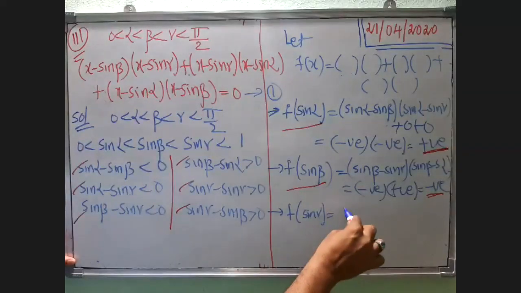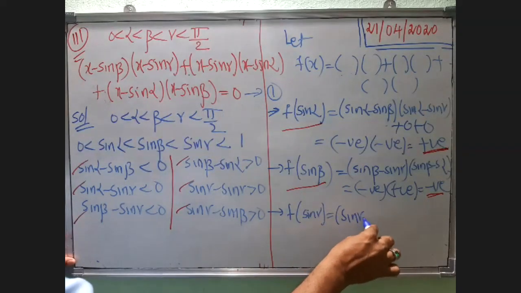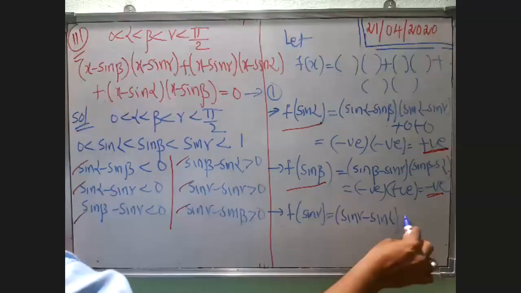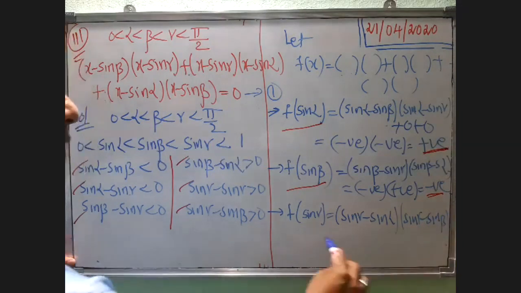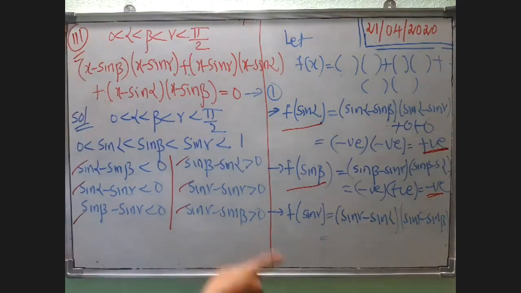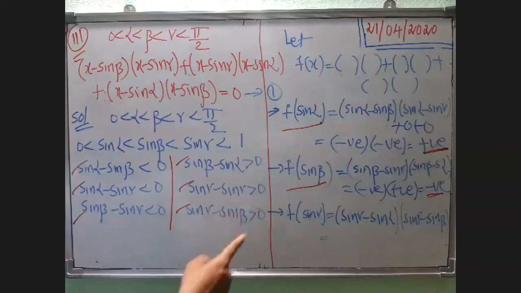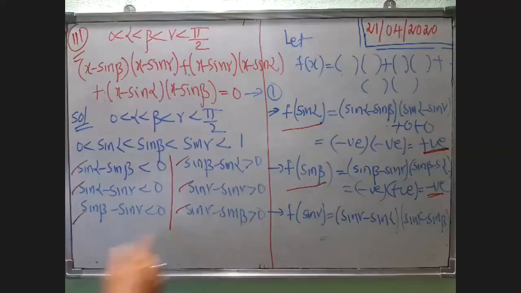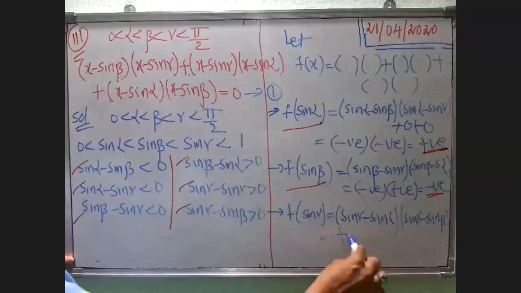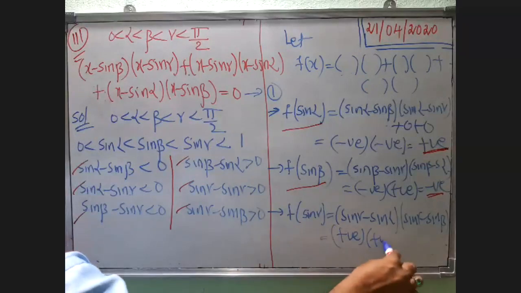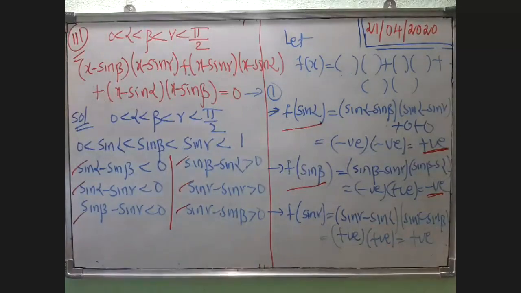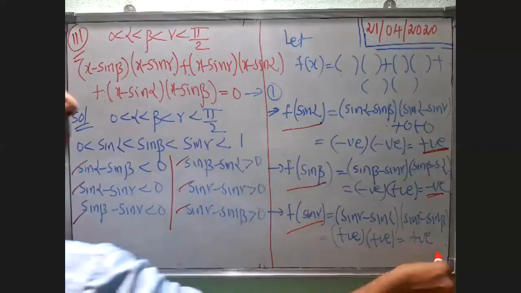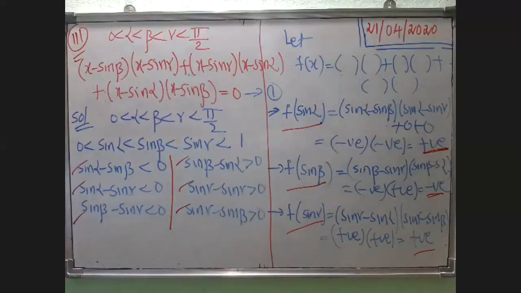So f of sin gamma is sin gamma minus sin alpha into sin gamma minus sin beta. Sin gamma minus sin alpha is greater than 0, positive. Sin gamma minus sin beta is also greater than 0, positive. Positive into positive is positive. So f of sin gamma is positive. Please take it down.